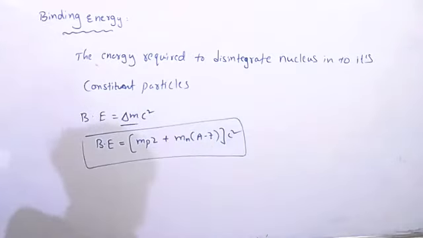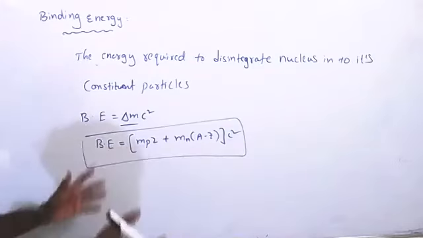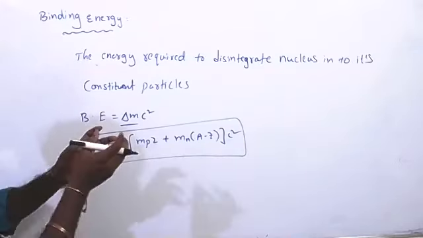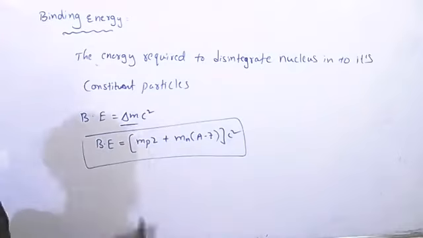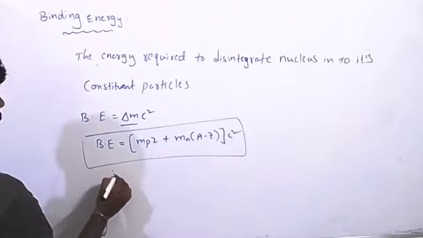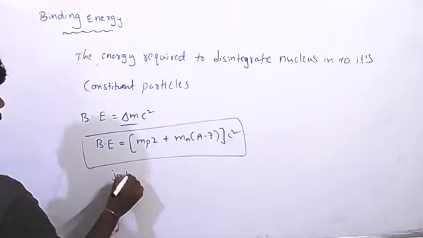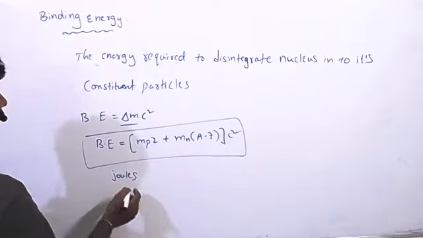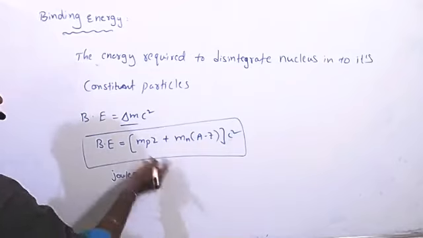If you break the nucleus, protons and neutrons will be there. How much energy is required for that is called binding energy. Energy is mostly in joules, if mass is denoted in kgs.